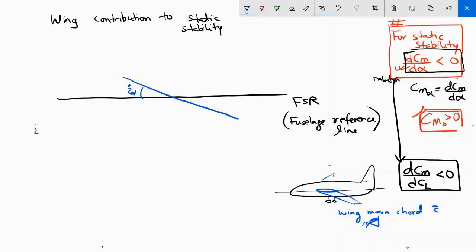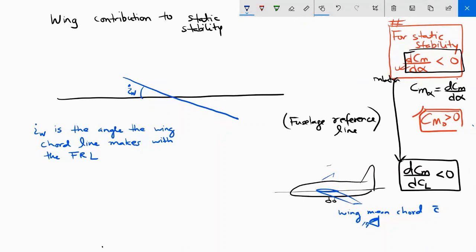So IW is the angle the wing chord line makes with the fuselage reference line. Sorry, this is not FSR, it's FRL, right? Fuselage reference line.